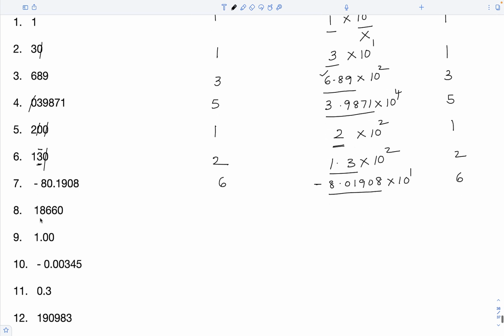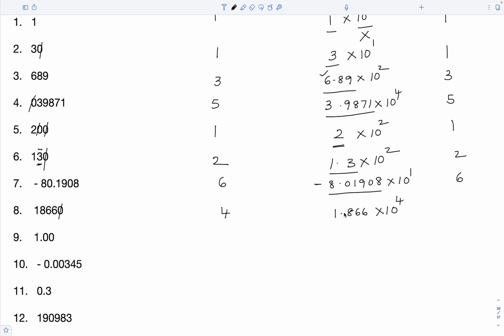And in the next measurement, because there is no decimal point at the end, this trailing 0 is not significant. So there are only 4 significant figures in this measurement, and it can be represented as 1.866 times 10 to the power of 4 in scientific notation. 10 to the power of 4 is 10,000.